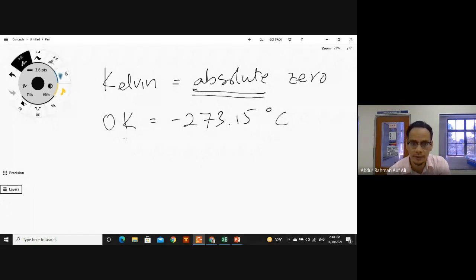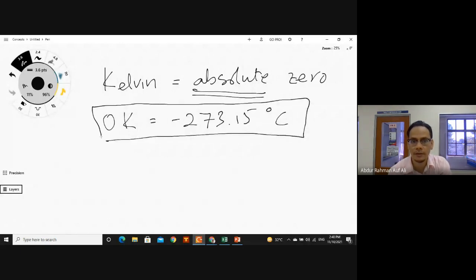So this is the temperature where when it is frozen, the substance down to the molecular atom also freezes. That means it doesn't vibrate, it doesn't move at all. Okay, even the electrons in the substance do not move.